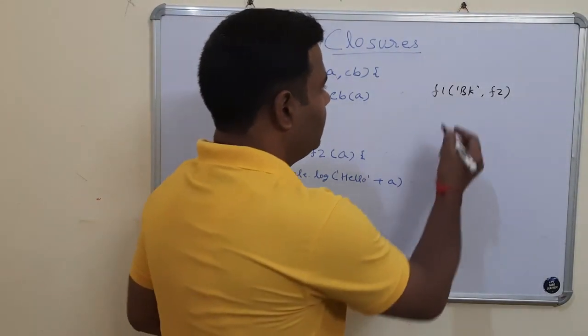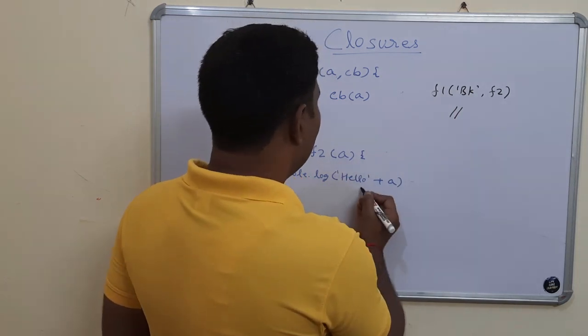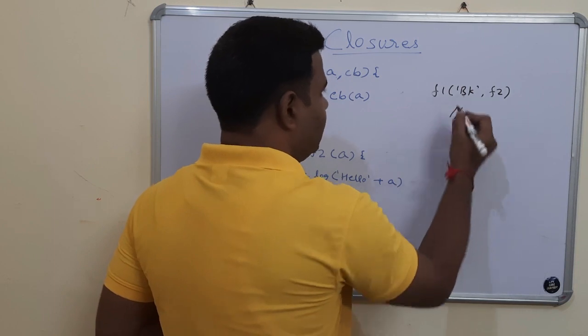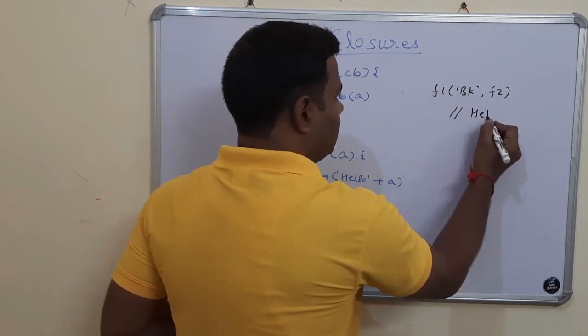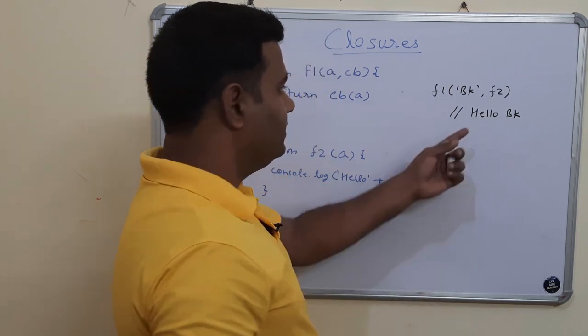You are right, the output would be hello and whatever we have passed as the variable, bk. This is the output.